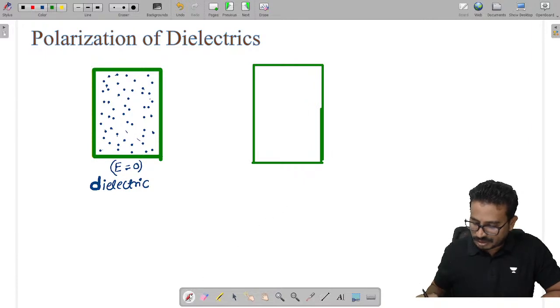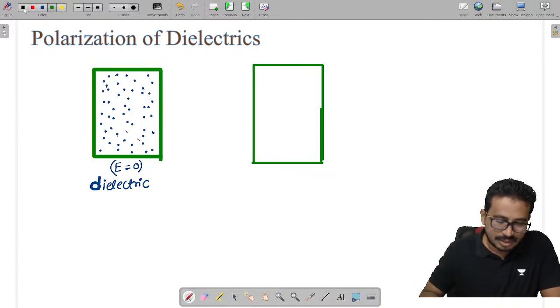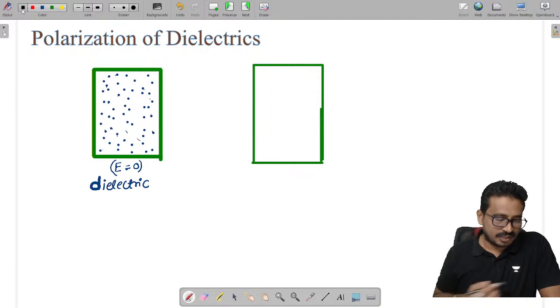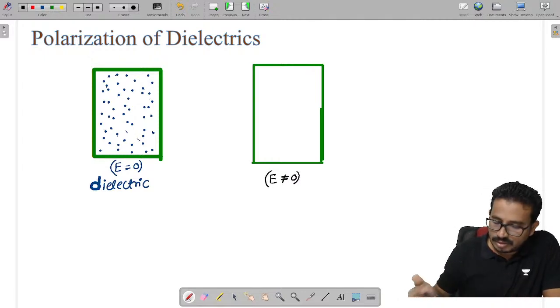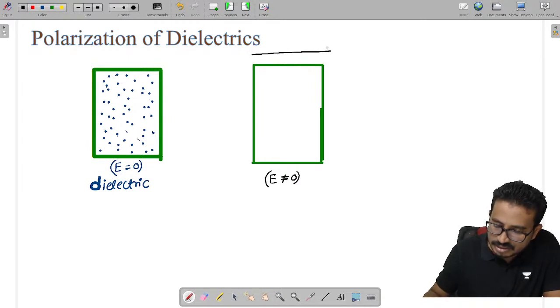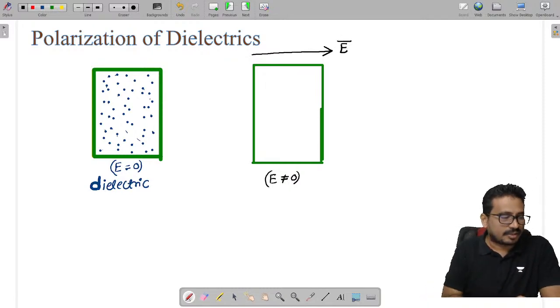Now I start supplying some electric field to this dielectric, so the electric field is non-zero. Let us consider we are applying the electric field in this direction. This is the direction of the electric field we applied.